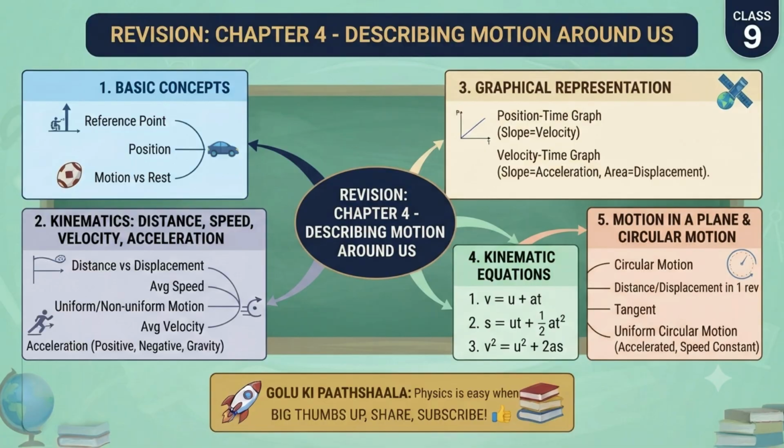Now let's quickly revise the entire chapter with the help of this mind map. The chapter begins with the basic concept of motion, where we learned about reference point, position, motion, and rest. Next, we understood the difference between distance and displacement, followed by the concepts of average speed, uniform motion, non-uniform motion, average velocity, and acceleration, including positive acceleration, negative acceleration, and acceleration due to gravity.